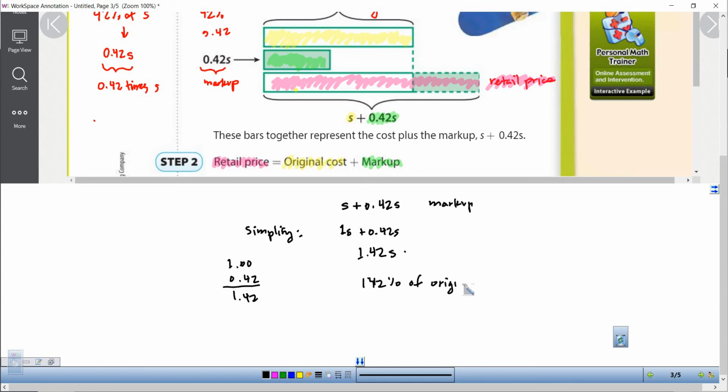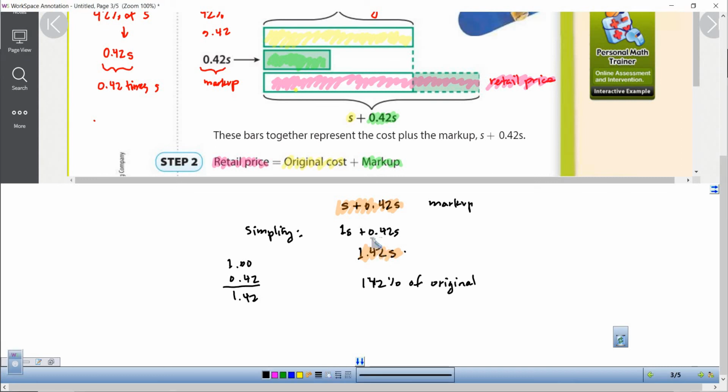That's what 1.42 means. Remember when we were doing percent of increase? It's a 42% increase. So these are the two different ways to write that same expression: s plus 0.42s and 1.42s. That is two ways. You add them together when you have that increase.